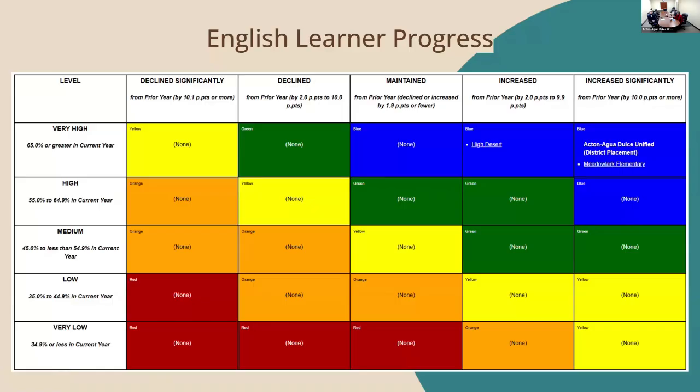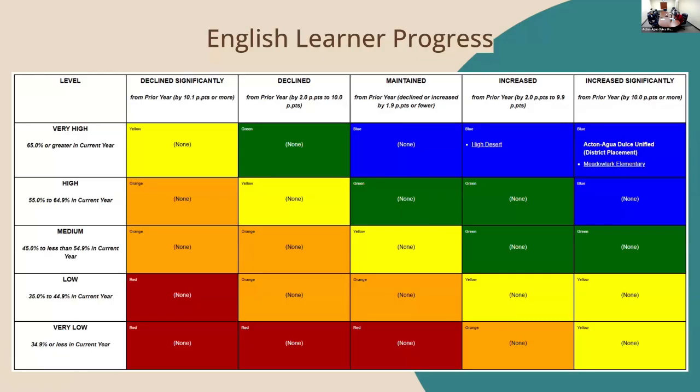Our English learners at High Desert increased and are in the blue, the highest level of performance as far as making progress. At Meadowlark, we had a significant increase, and again we're in the blue, the highest level they can be in. What makes it a little confusing is how we can have kids in the blue and other areas in the red. This has to do with their English language and their progress towards redesignating.